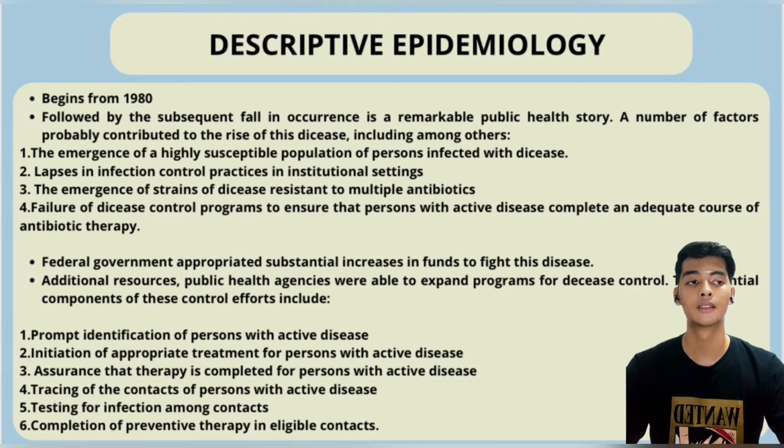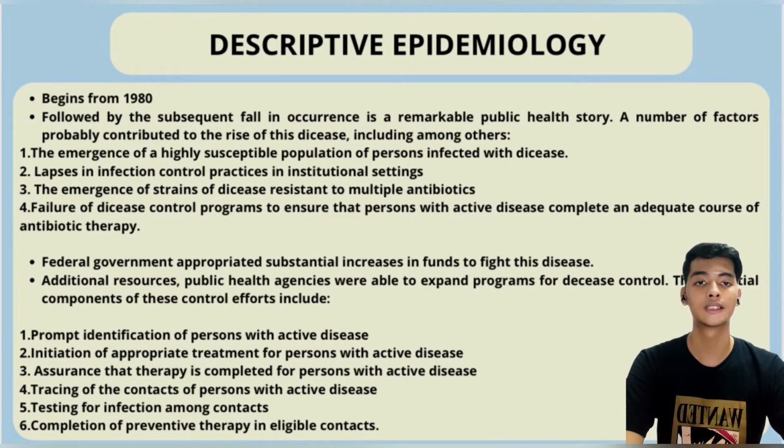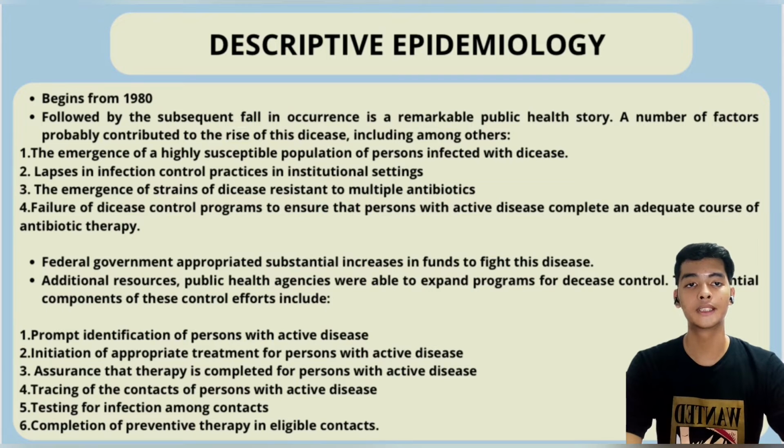Second, lapses in infection control practices in institutional settings. Third, the emergence of strains of disease resistant to multiple antibiotics. Fourth, failure of disease control programs to ensure that persons with active disease complete an adequate course of antibiotic therapy.